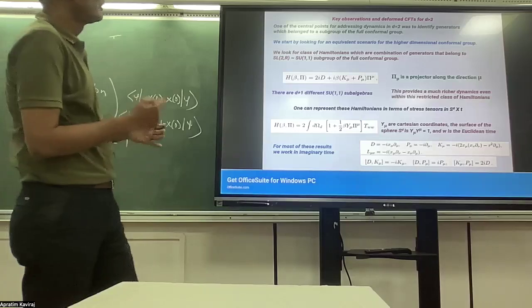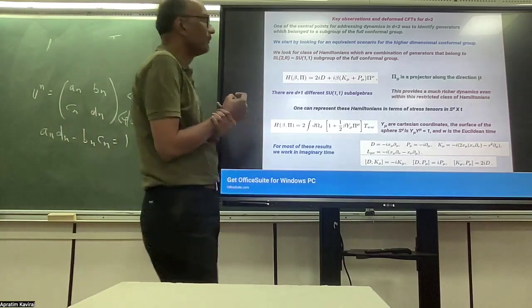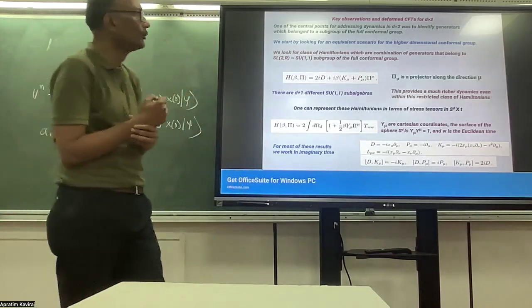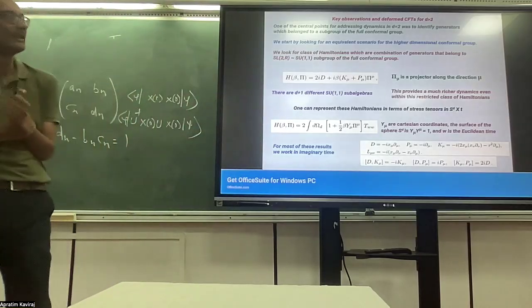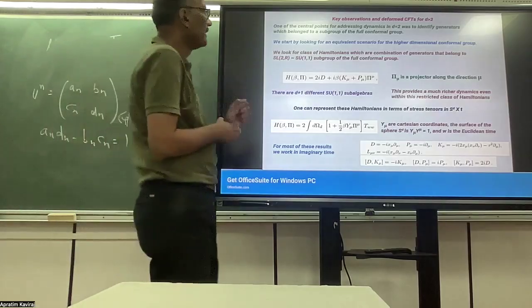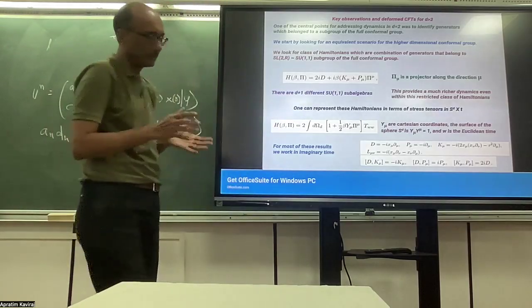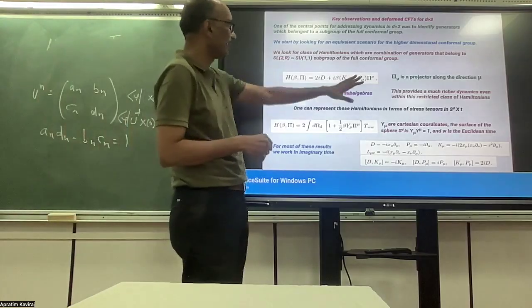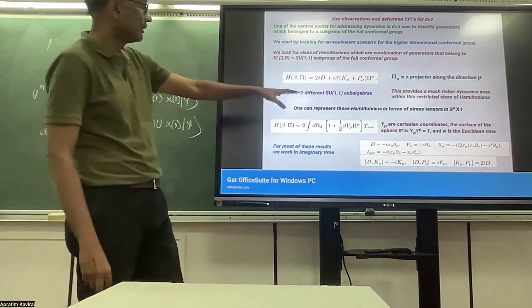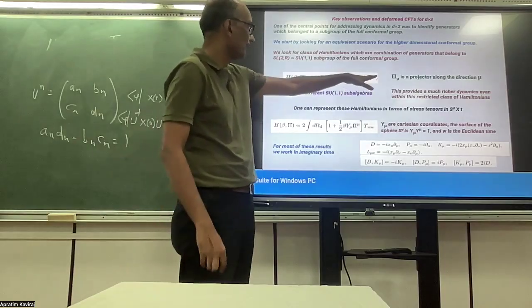Once we understood these deformed CFTs in D equal to 2, we were trying to think whether there is something similar that can occur at D greater than 2. And of course, here you don't have Virasoro and this local conformal structure anymore, but you still have the standard operators.